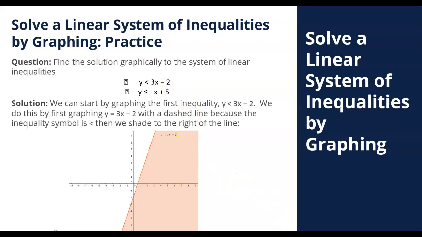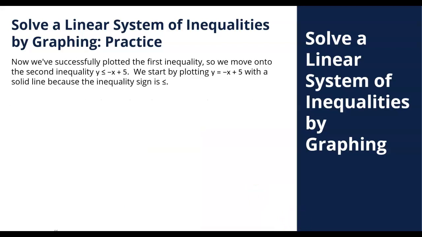Then, next is to graph this other inequality here and look at the overlapping region. We do that by starting to plot the line y equals negative x plus 5.